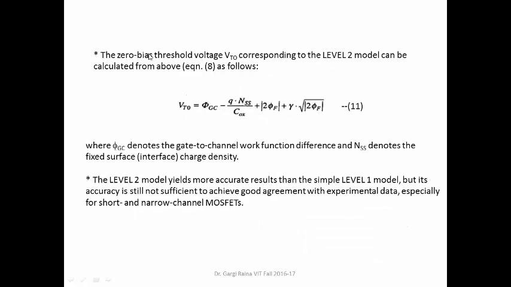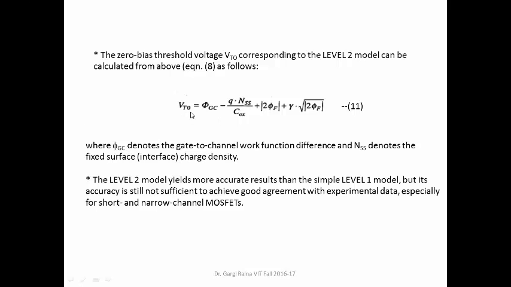So the zero bias threshold voltage VTO corresponding to the level 2 model can be calculated from equation 8, which we had discussed previously, and it is given by this expression.